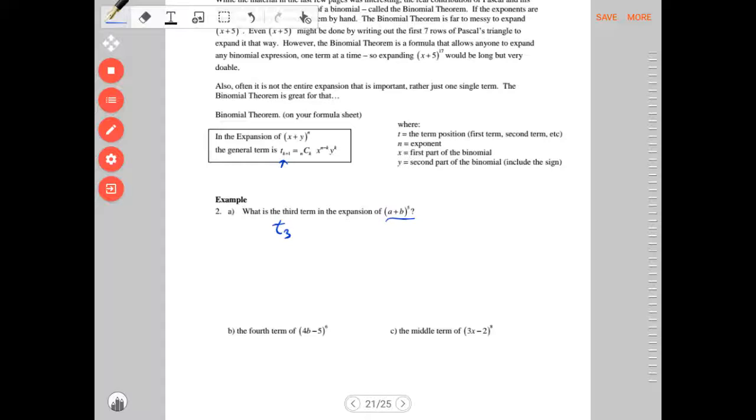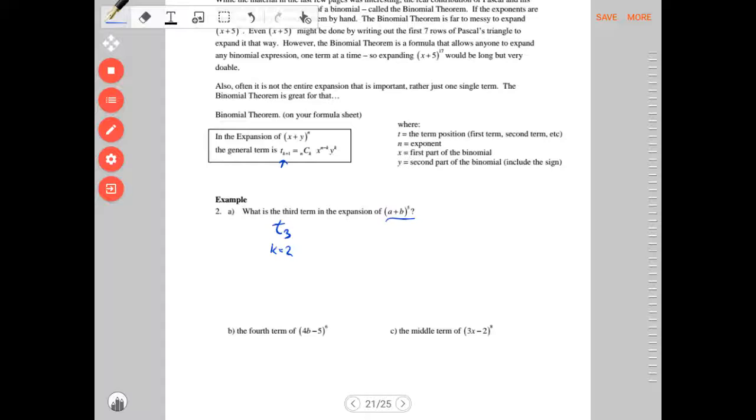The formula is written as T k plus 1. So if k plus 1 has to be 3, what's k? Well, how I do this, guys, is I write T3 and then I put k as 2 underneath. It's a really handy thing to do. Hopefully that makes sense, because it's just the way the formula is written.